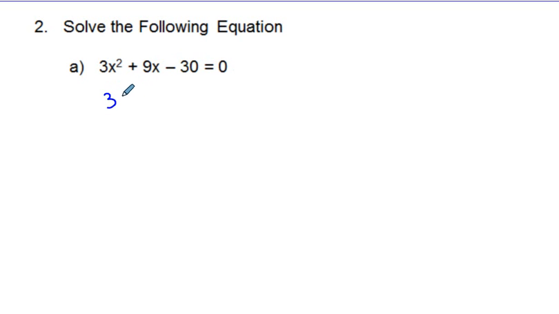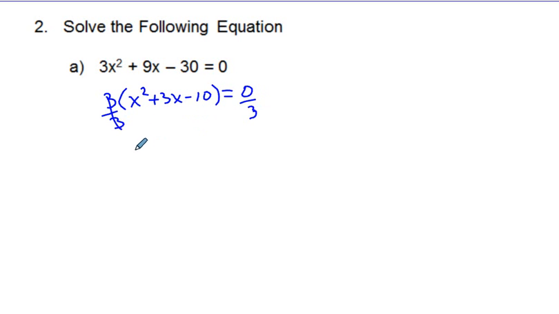So we can factor out a 3 from each of these terms and be left with 3 times quantity x squared plus 3x minus 10 equals 0. And I hope you'll be able to see that if we divide each side by 3, we would be able to essentially get rid of this 3.